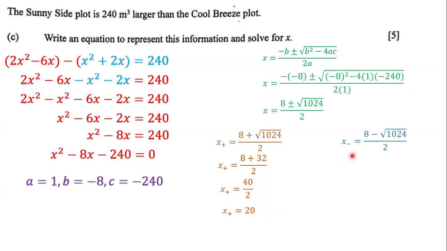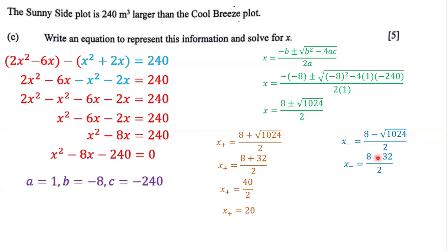Now we're going to go to X sub negative, which means that the sign in between here is going to be not a positive, but a negative this time. And so we have 8 minus the square root of 1024 all over 2. Now, the square root of 1024 is 32.